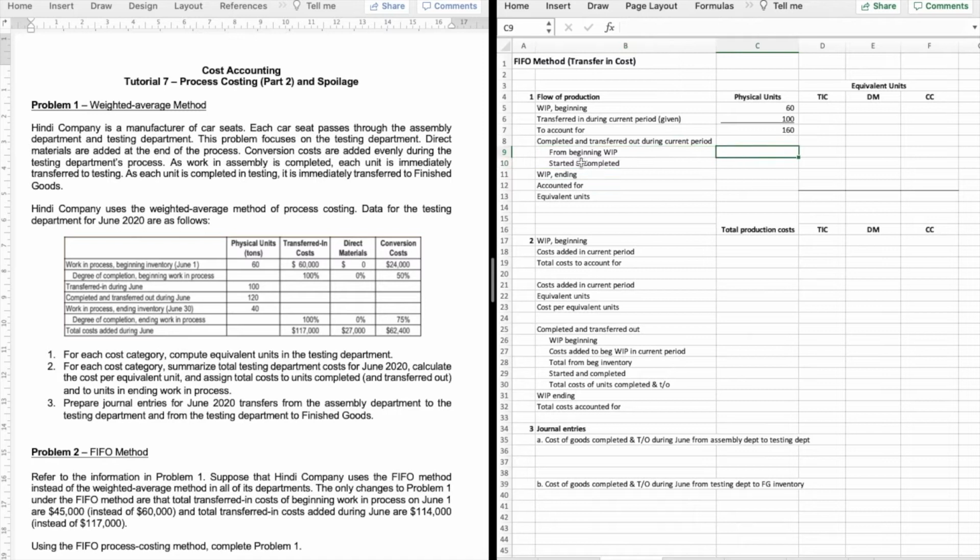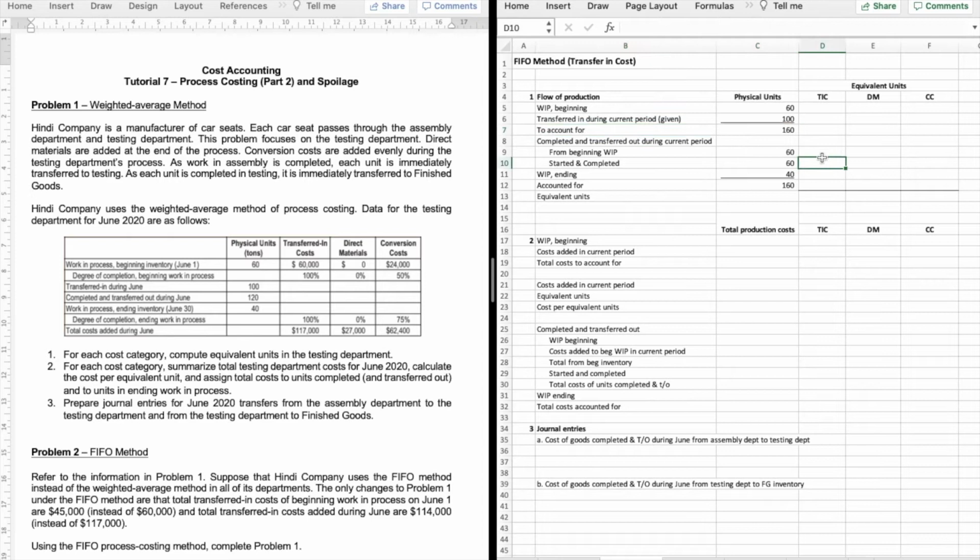We know from the beginning work in process we have 60 physical units, and the information about the completed and transferred out during June is 120. Therefore, we can fill this number, that is 120 minus the beginning work in process. And for the ending work in process, we have 40. And to account for here is to sum the numbers above. So the accounted for and to account for is in the same amount.